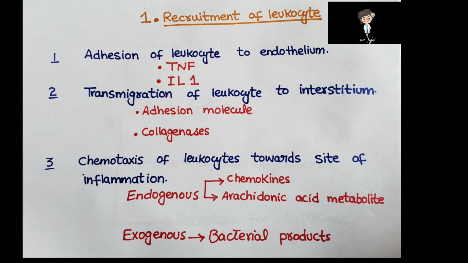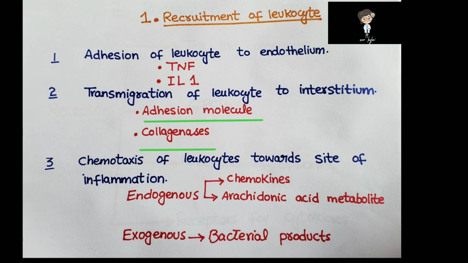Tumor necrosis factor, or TNF, and interleukin 1, or IL-1, play an important role in the first step because they play a major role for selectin proteins. Examples of selectin proteins are L-selectins on leukocytes and P-selectins on platelets. Transmigration is the firm movement of leukocytes attached to the endothelium into the interstitial space.